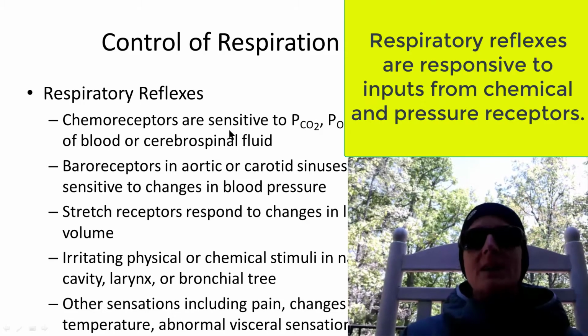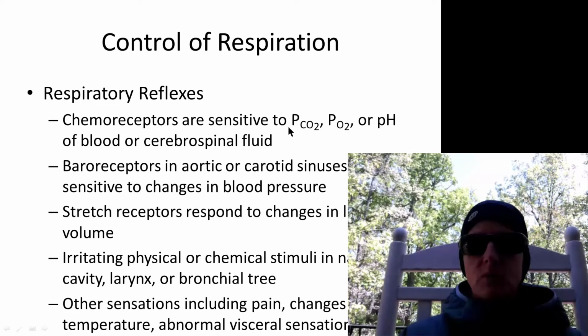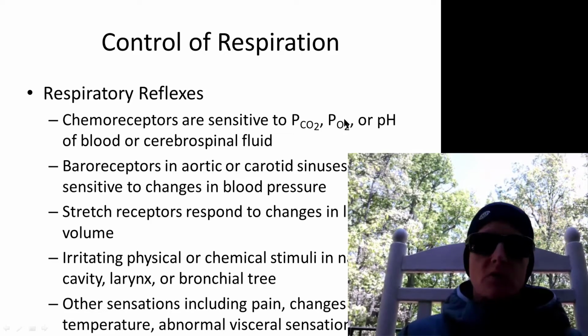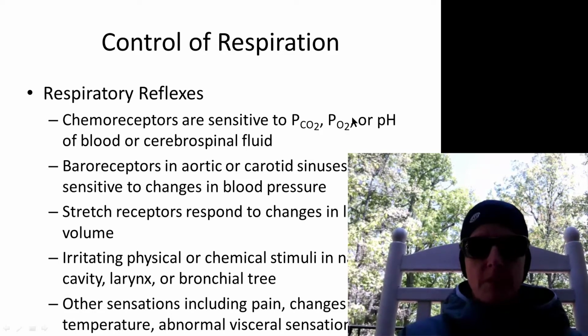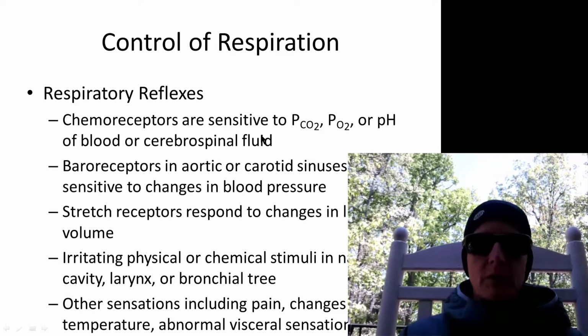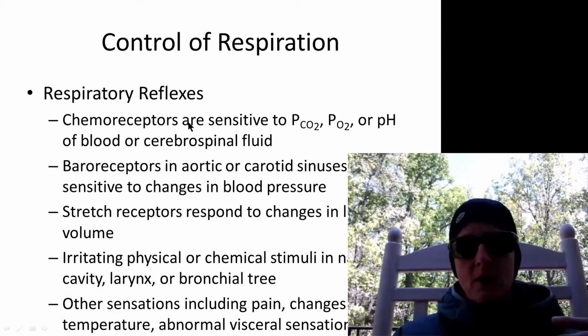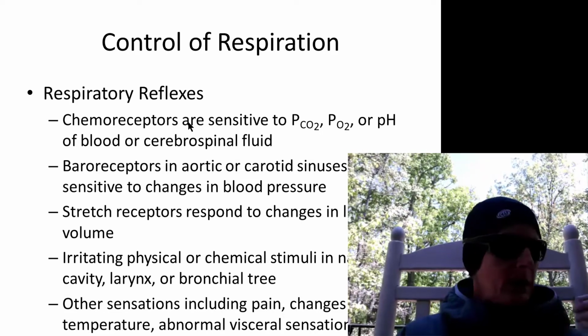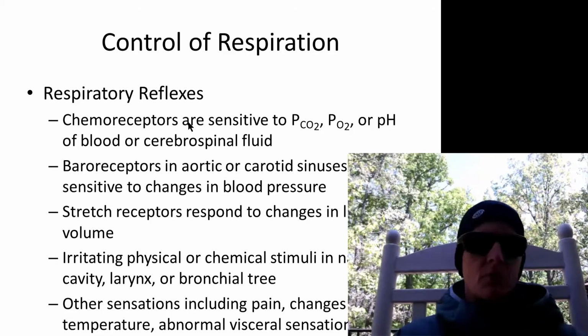For example, we've got chemoreceptors that are going to be responsive to CO2 and oxygen, the partial pressure of these things, as well as pH in the blood plasma and in the cerebrospinal fluid. And we'll find these are going to help regulate. This is going to send the feedback, usually via the vagus nerves and the glossopharyngeal nerves, up to these respiratory centers.